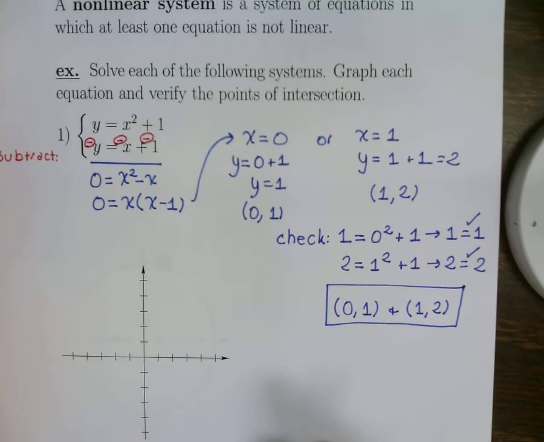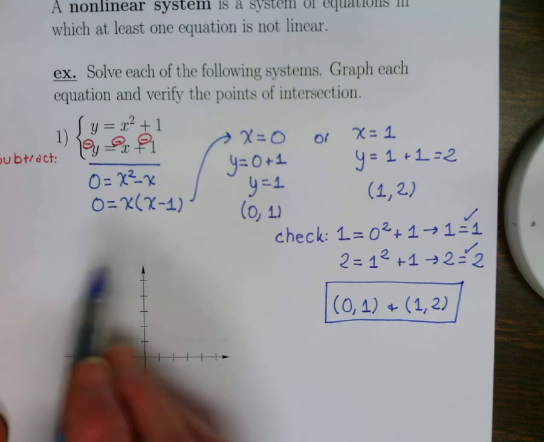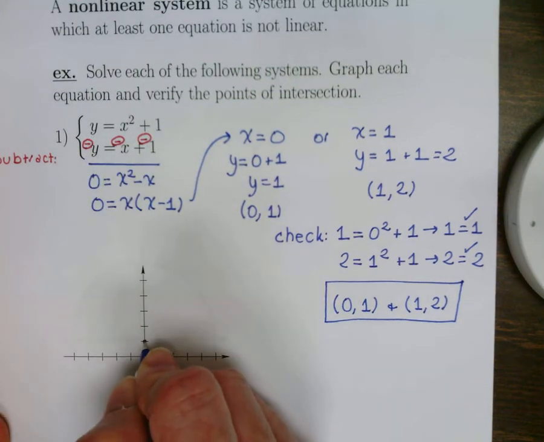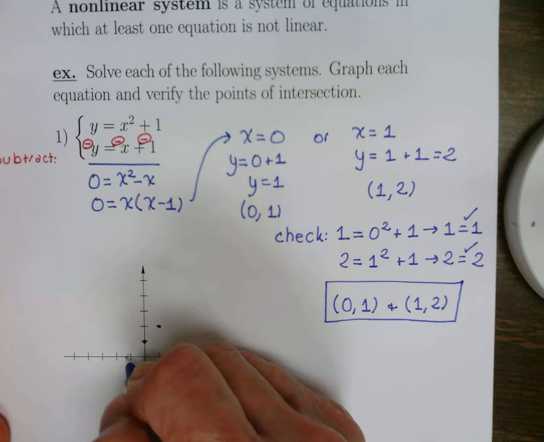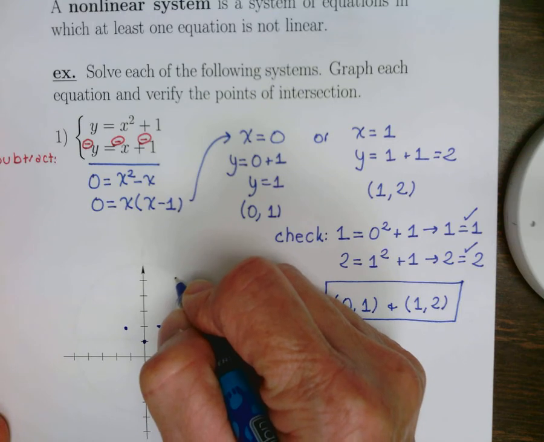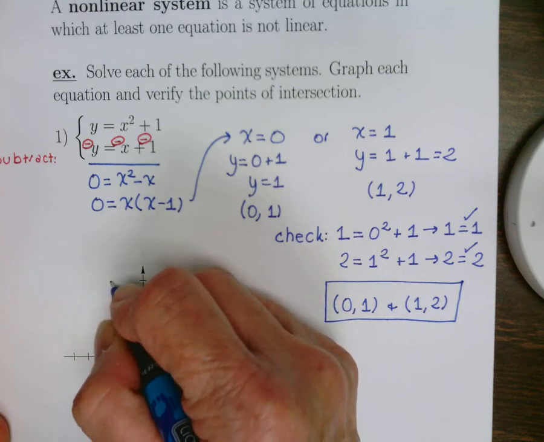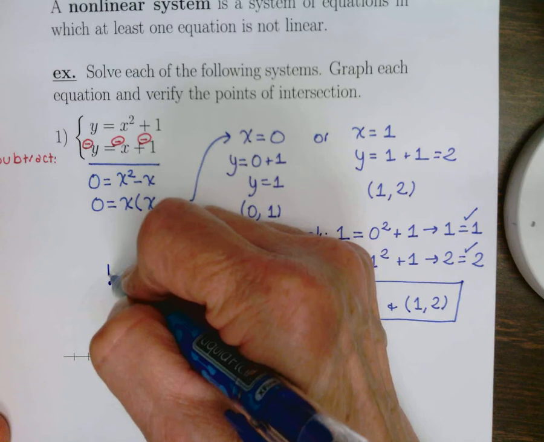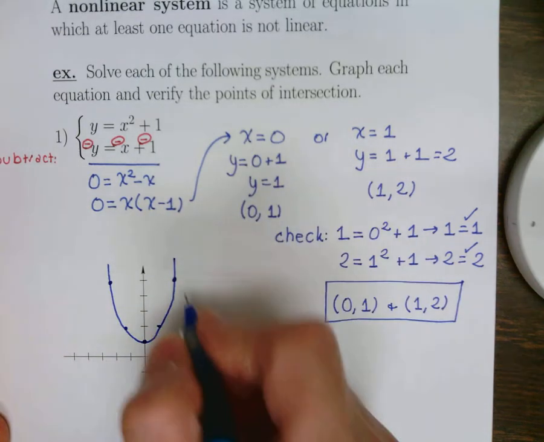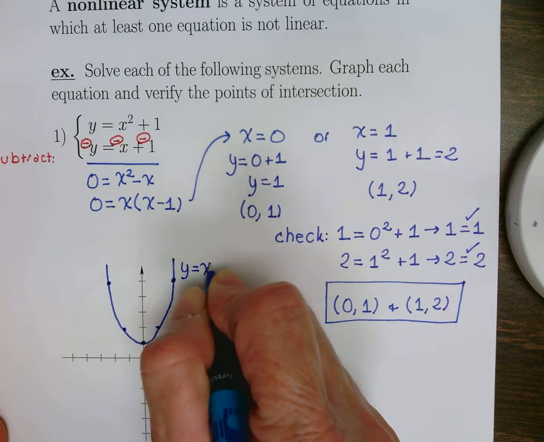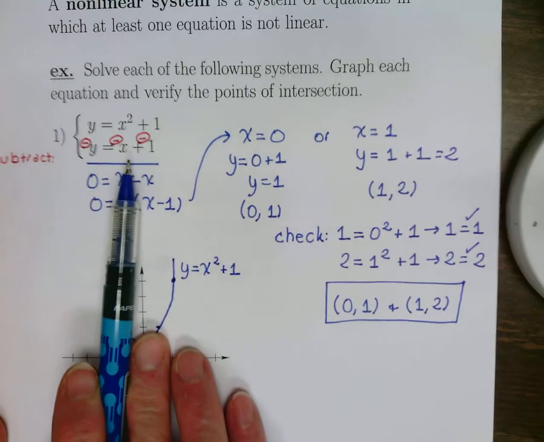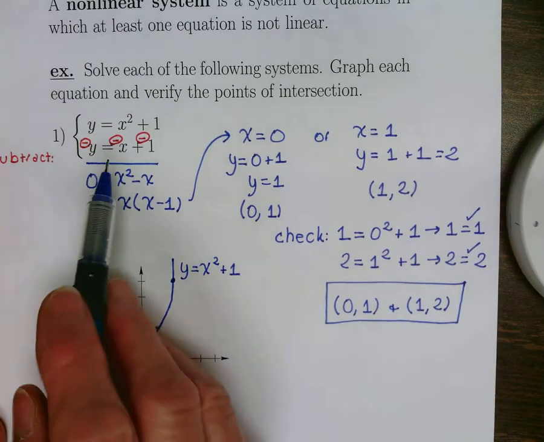Now we can confirm that by graphing. These are two simple equations. The first one is just the parabola y equals x squared plus 1. And we know that that just shifts that parabola up 1 unit. And I'm going to be a little bit precise because remember I'm trying to find the points of intersection. So I get the first equation. The second equation is a straight line, y equals x plus 1.